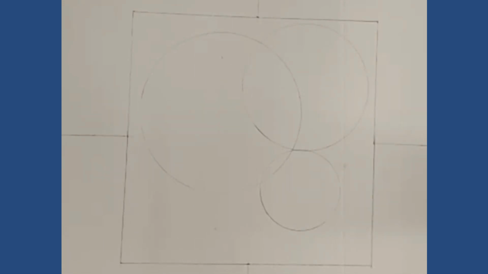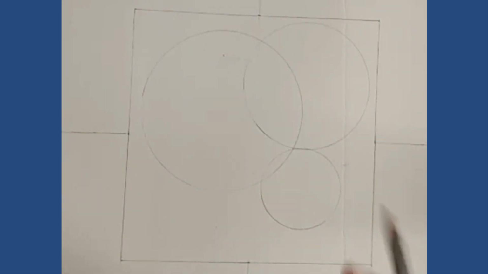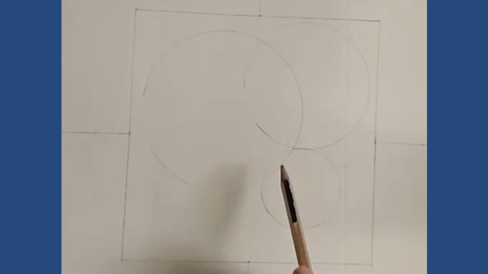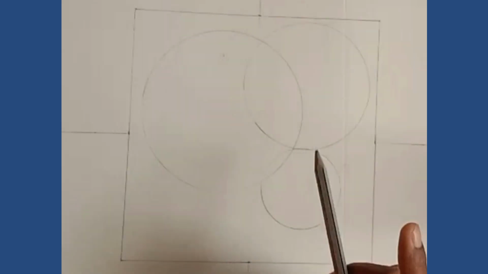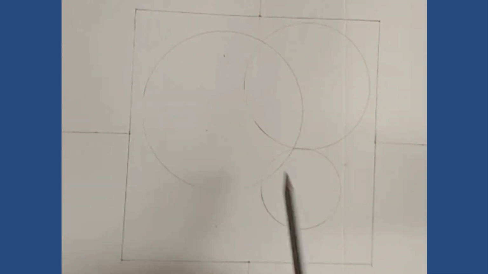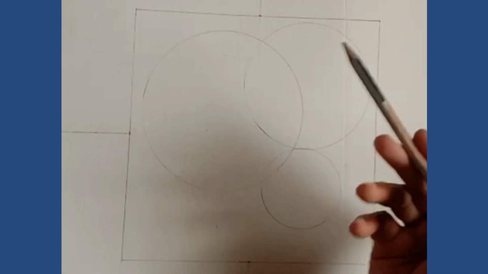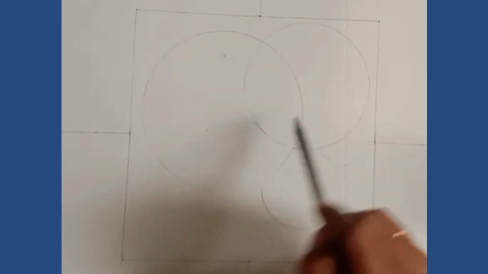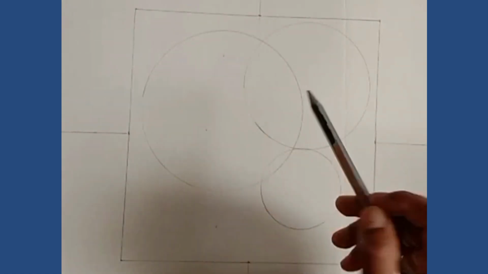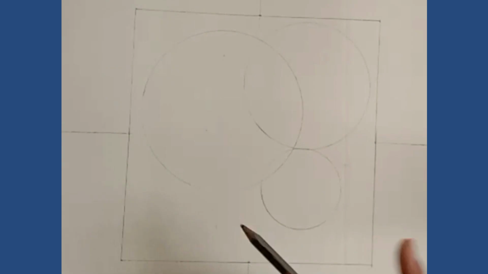Second is 2 triangles. Now you can see what I did, 3 unequal circles, but first I did one here, then the second one is on that circle, and the third one is on this circle. So this is called overlapping.